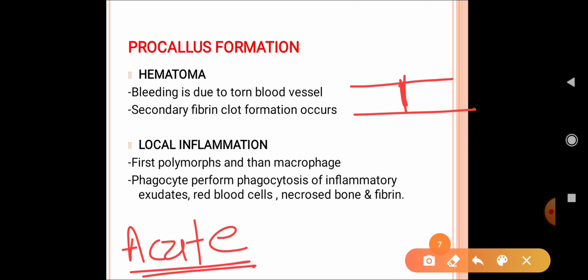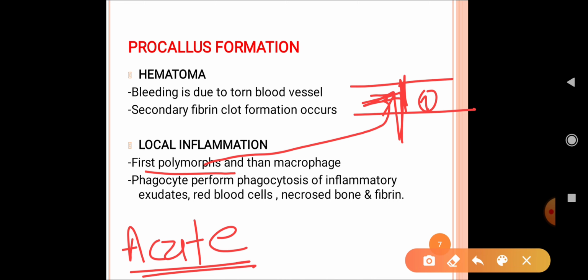First of all, there will obviously be acute inflammation, by the polymorph cells. So there will be local recruitment of neutrophils. The neutrophils will accumulate at the fractured site. So there will be accumulation of acute inflammatory cells, particularly polymorphs.